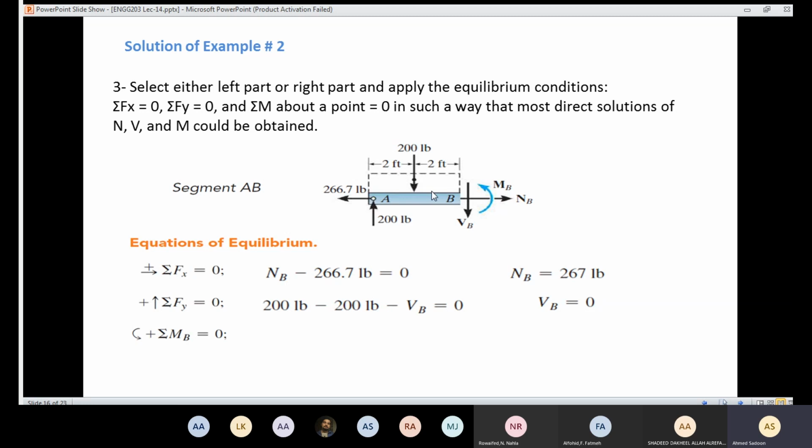Here is the point of rotation. If you push from here, you are going to end up with a counterclockwise moment. So here I have only one unknown, which is MB. I can easily solve for that equation. The moment came out to be 400 pound foot.